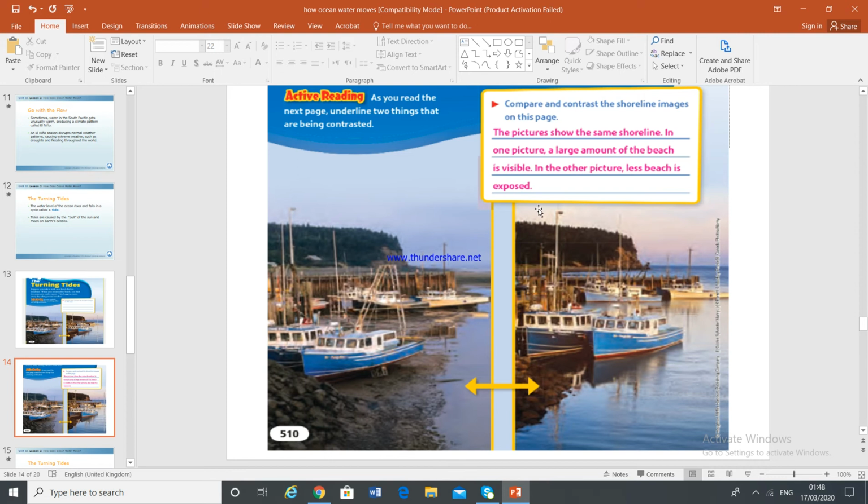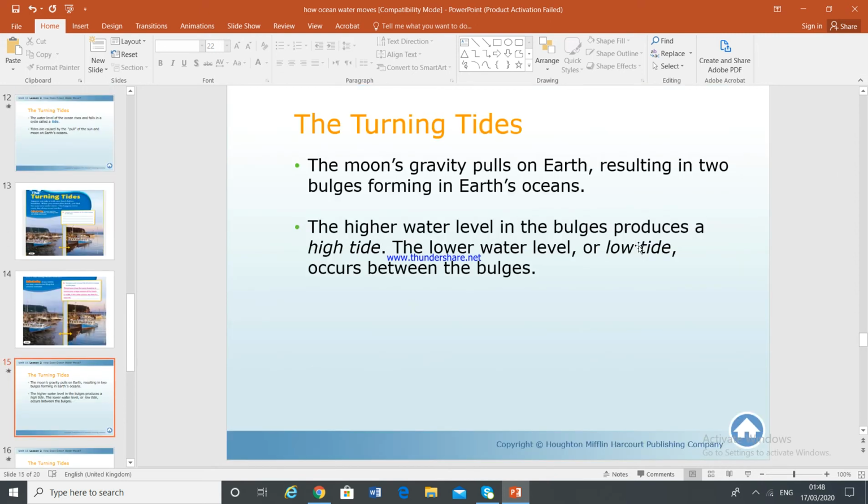Now, coming to your next: the moon's gravity. Okay, the turning tides. As I told you, tides are actually not caused just by waves or wind. No. This is because of the gravitational fields of these bodies which pull on Earth.